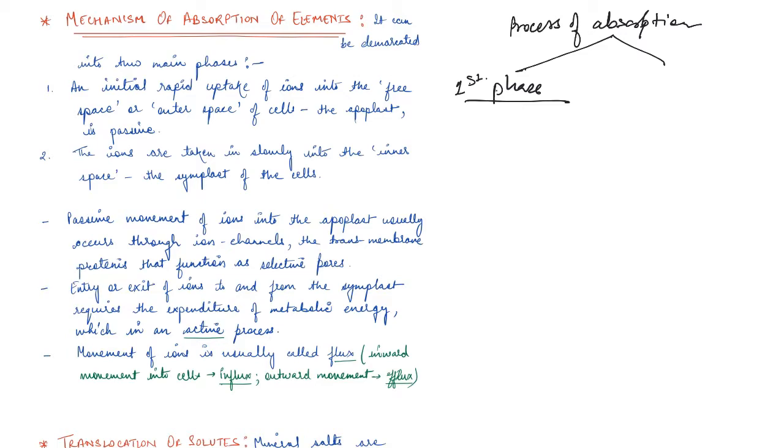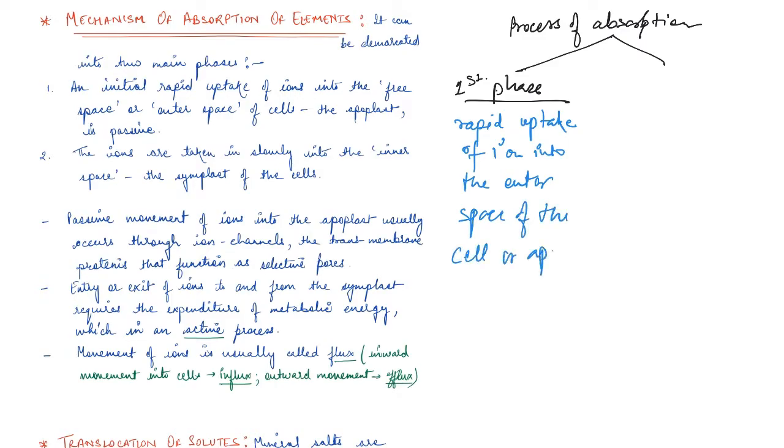So in the first phase, there is a rapid uptake of ions into the outer space of the cell, which is the apoplast. Now, this is passive, guys. Remember, this is passive intake.